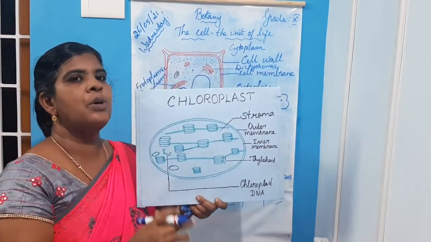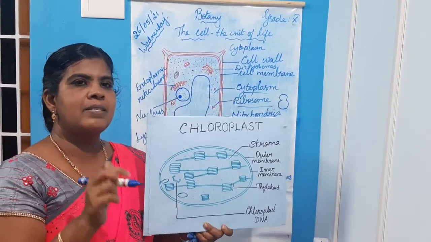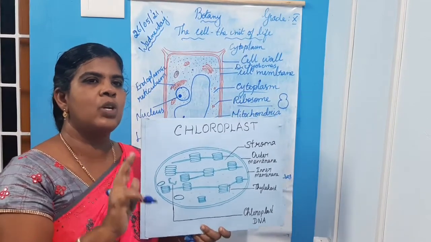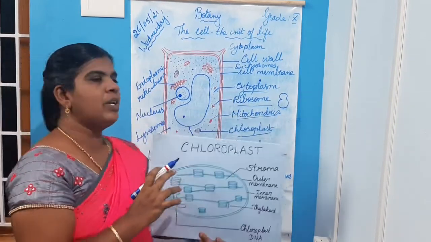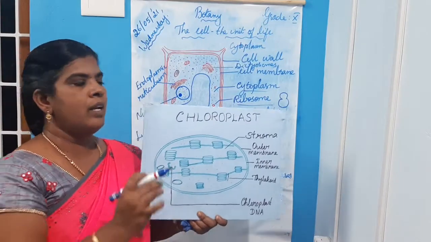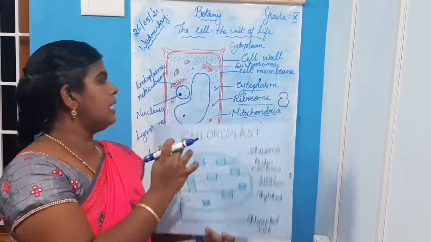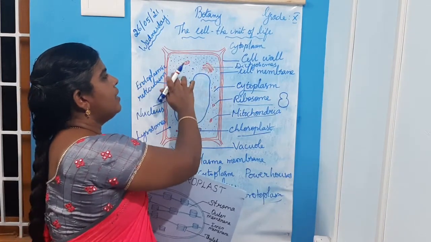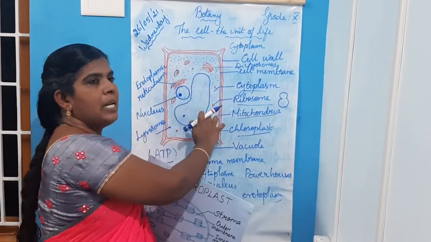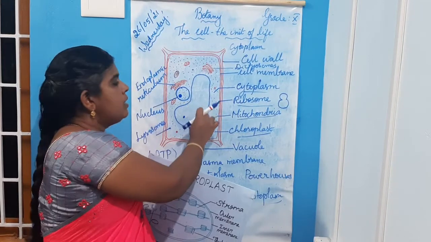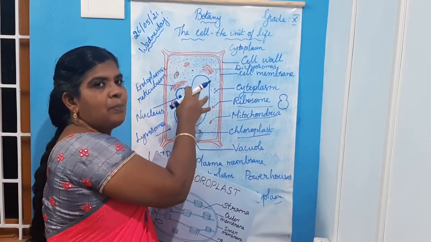I already told you there are two types of cells based on cellular organization, prokaryotic and eukaryotic. Eukaryotic cells have membrane-bound organelles; each and every organelle is bounded by a membrane. This is a eukaryotic plant cell.